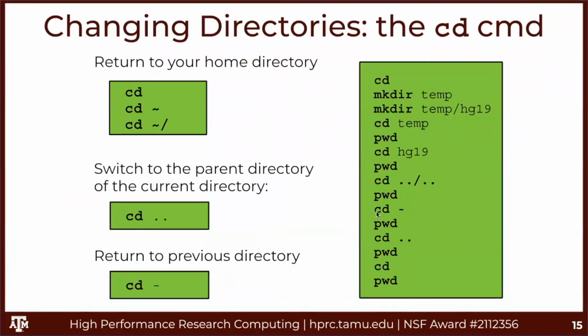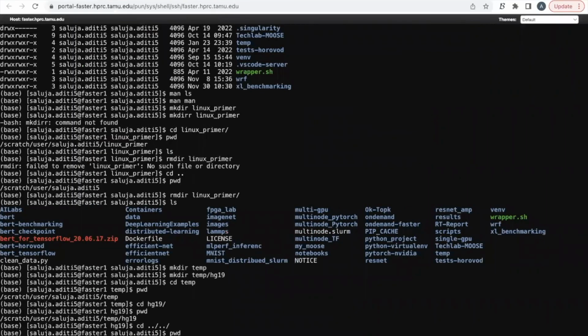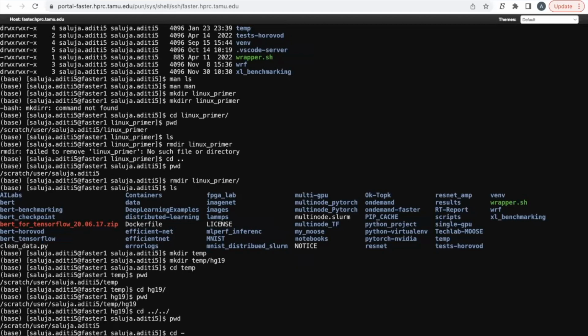Another important option with the cd command is cd dash. So what happens if I use cd dash? I will be taken back to the last place that I was at. I was in the hg19 directory, so I'm redirected back to that directory. And it's actually a very powerful command, because oftentimes directories are multiple levels deep.